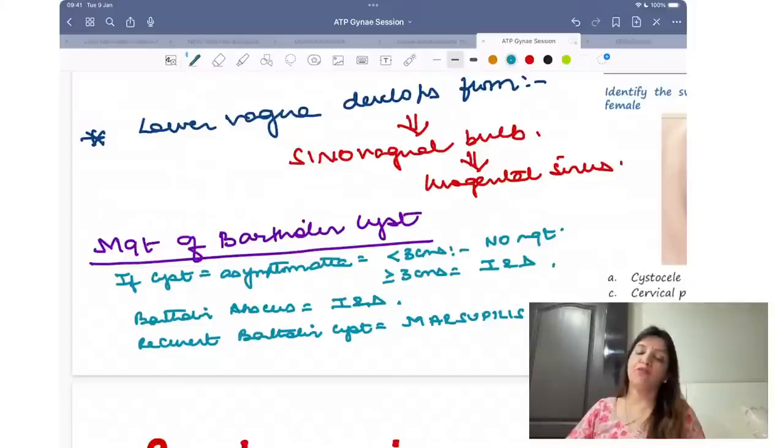What is the other name for Bartholin gland? The other name is greater vestibular gland.